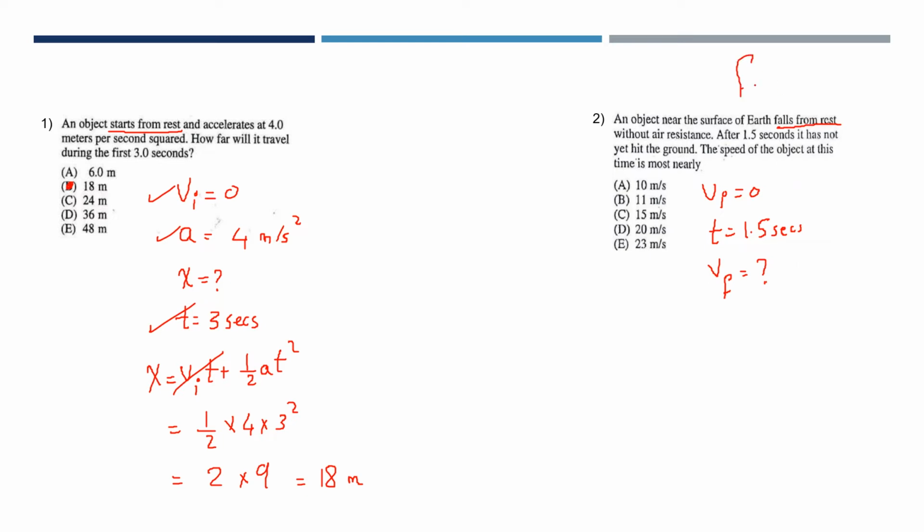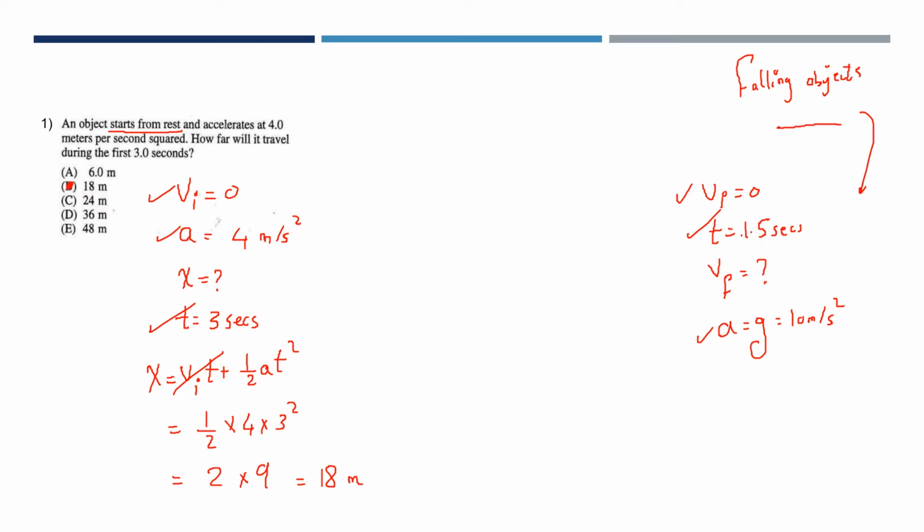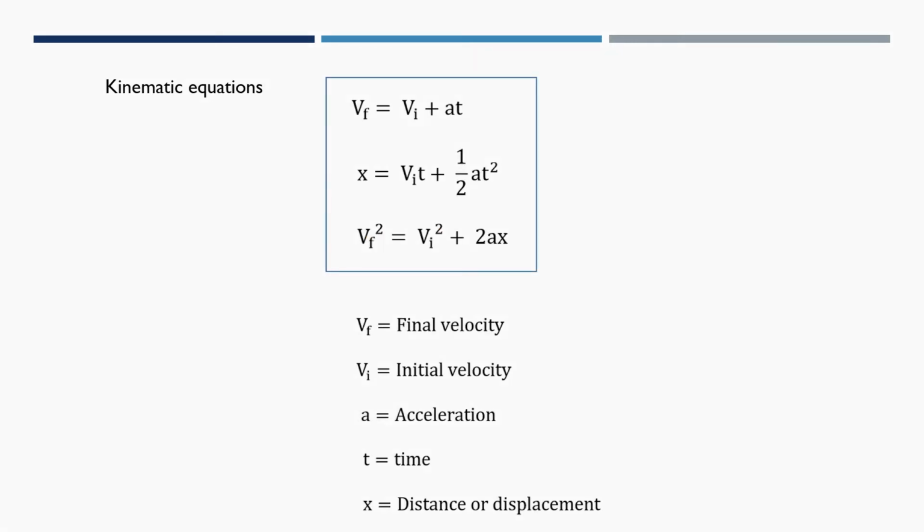Yes, any falling object falls under the gravitational acceleration, which is 10 meters per second squared. You have to keep it. So we now have 3 given quantities, and we can easily find the final velocity. Which equation are we going to use? Have a quick look at them.